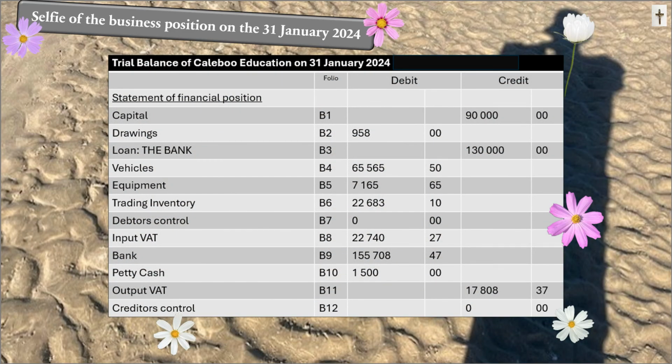Now before we move on, remember I showed you in that loan account where we got the opening balance for the loan from. It was from the previous month's trial balance. So all the ledger accounts that we're going to complete, the first thing you do when you do a general ledger account is you look for the opening balances.